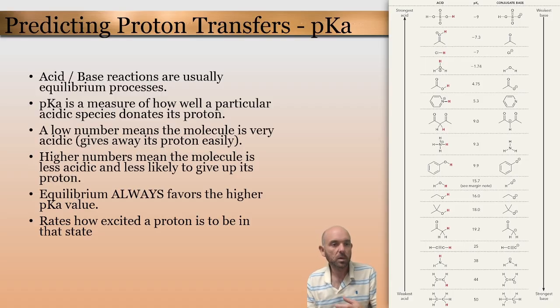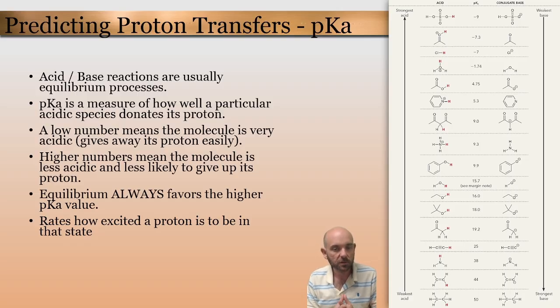pKa is basically a rating system for these interactions that's been put together by empirical testing over a number of 100 to 150, if not 200 years, of different hydrogens in different chemical situations, like you see on the chart here beside me. So we have an idea for different hydrogens in different chemical situations, reading their environment within a molecule, about how easy it is to remove that hydrogen.